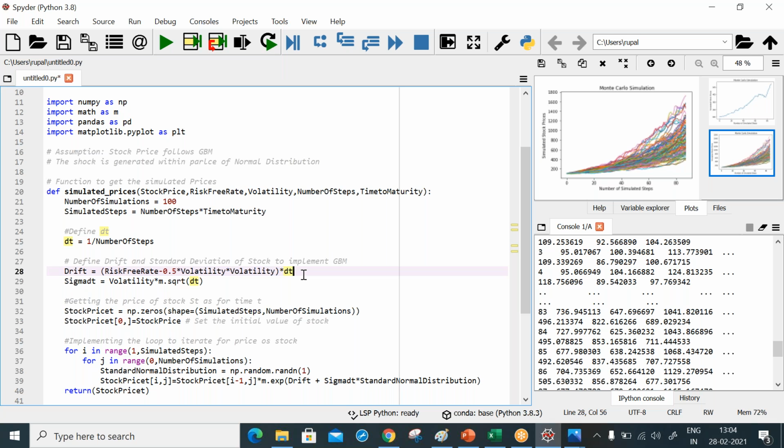I will take it to that accuracy level that if I increase the simulation, I will get a European call option price very close to the price you are seeing on the website or in any other market data, like Bloomberg, Reuters, whatever it is, from wherever you are collecting your market data. Put those variables in and you will get essentially the same result. That is the beauty of Monte Carlo simulation.